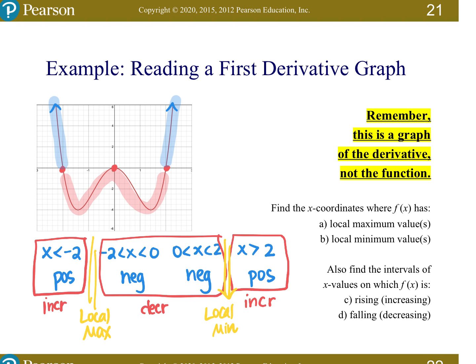Okay, Nate, part B, local minimum. Complete the sentence. The function has a local minimum at... is that -1? Nope. This is not a graph of the function.